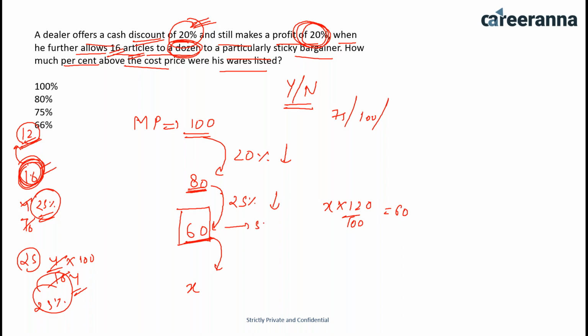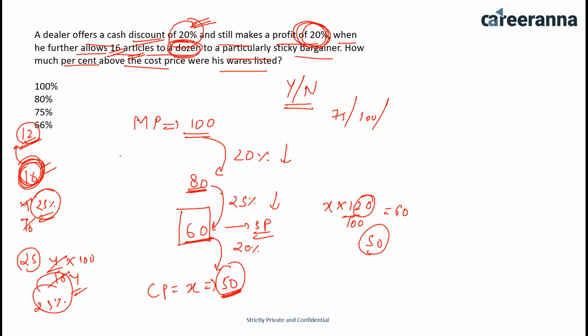Because this is the selling price and 20% profit. So I can solve it. X is 50. Is it clear to all? If cost price is 50 and I have to get a profit of 20%, it will become 60. Is it clear? I think it is clear to everyone.